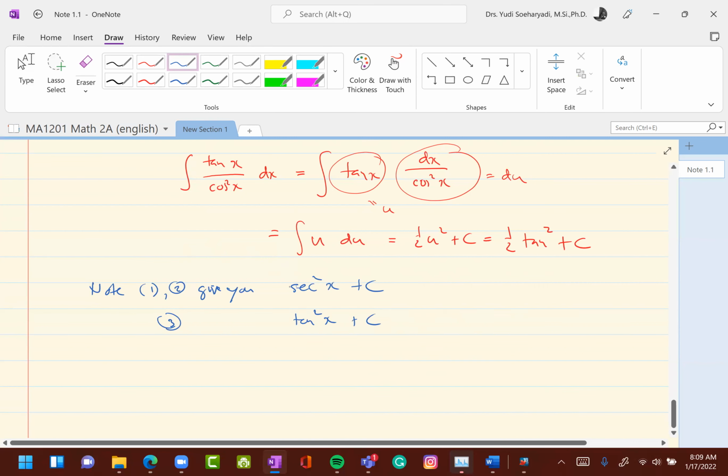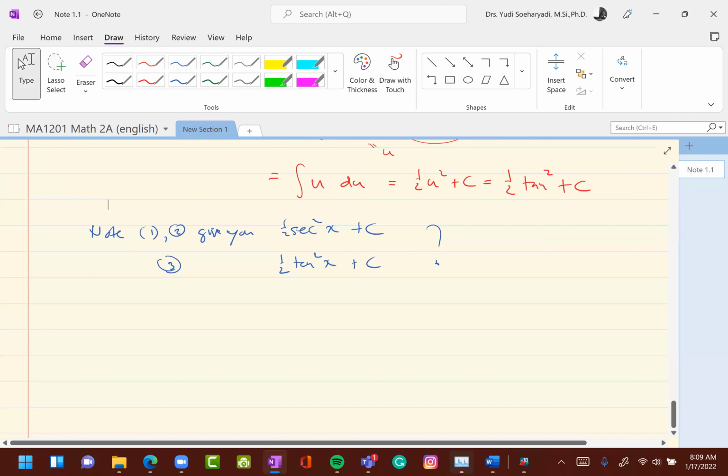Not wrong, but why are they different? You see how secant square and tangent square relate? How do they relate? Tangent square plus 1 is secant square.